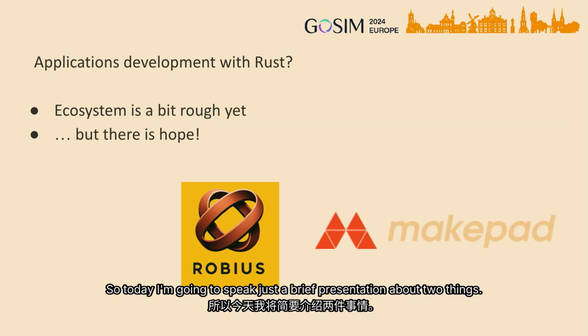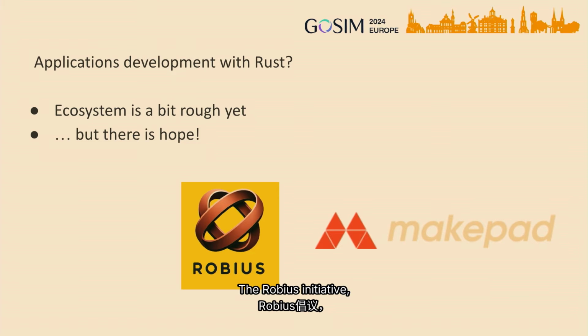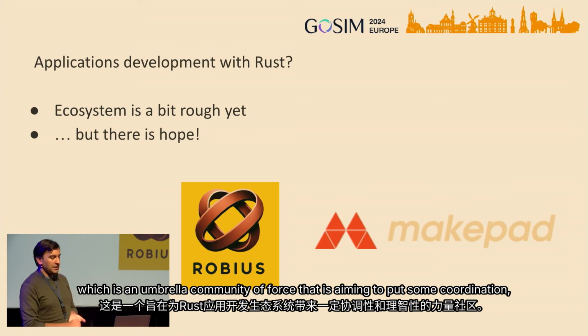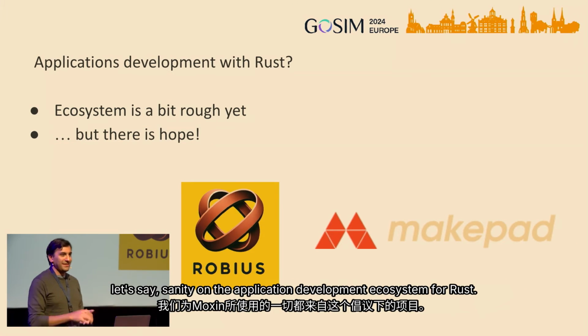So today I'm going to give a brief presentation about two things. The Robius initiative, which is an umbrella community effort aiming to put some coordination, let's say, or sanity on the application development ecosystem for Rust.